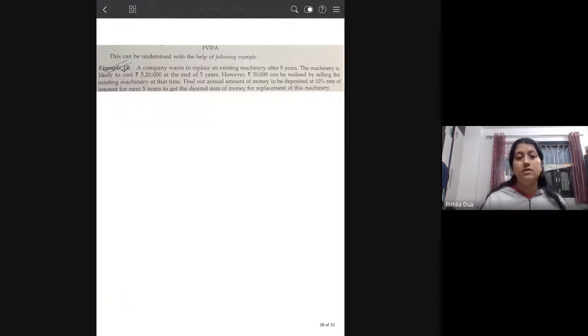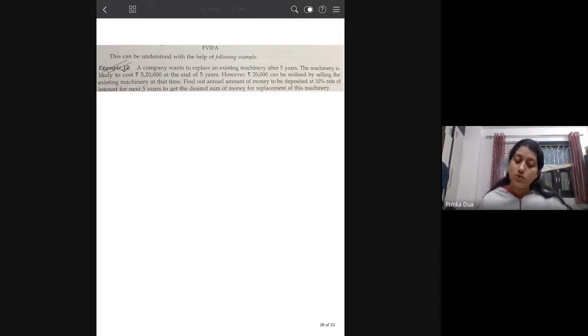Now, this is where we start with the application of time value of money. Now, we have done the concepts, how we calculate, how we compound and discount cash flows, how we locate missing values, and what is the effective rate of interest if there is multiple compounding. Now we come to the applications of time value of money in our real day-to-day life. So, one example we'll take up.